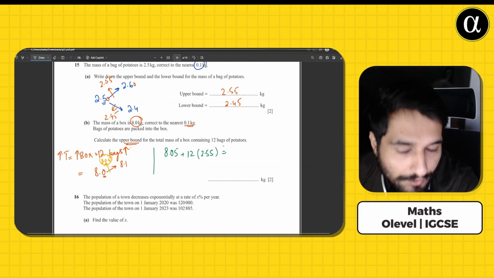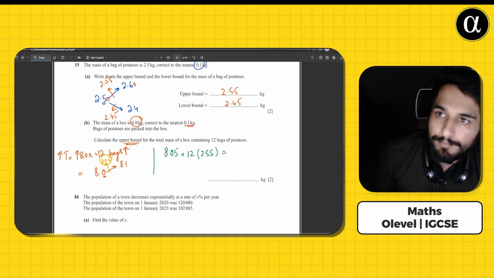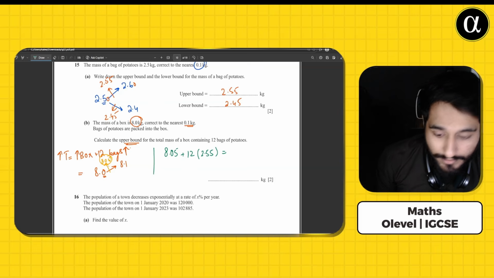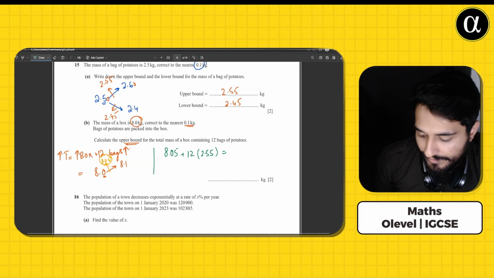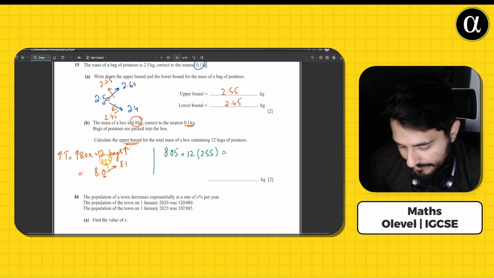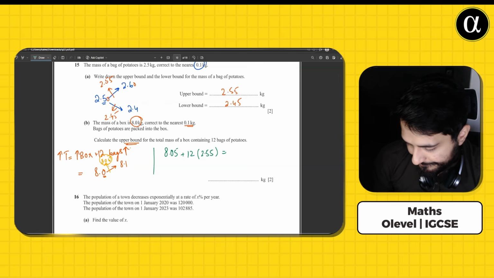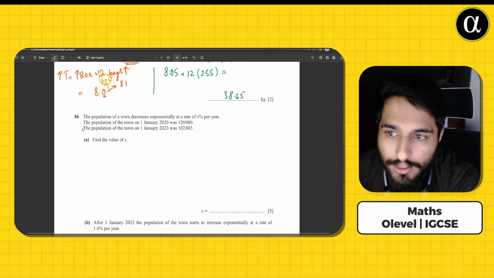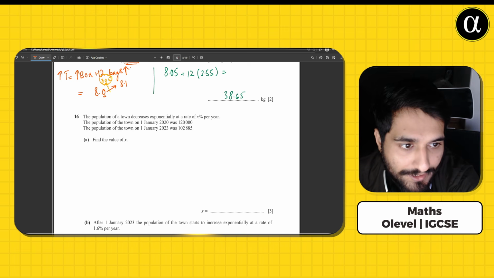So that's how you're going to get the maximum possible value for this case, which is 8.05 plus 12 times 2.55, and this gives us 38.65 as the answer.